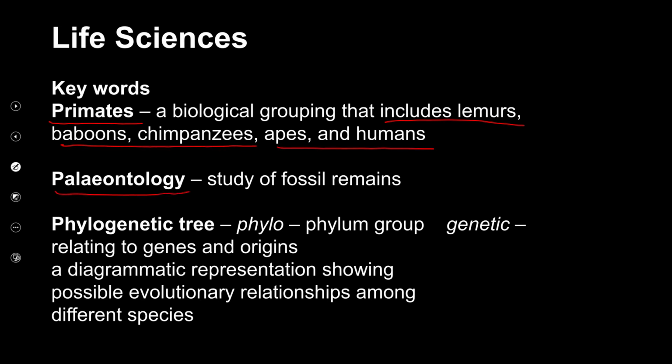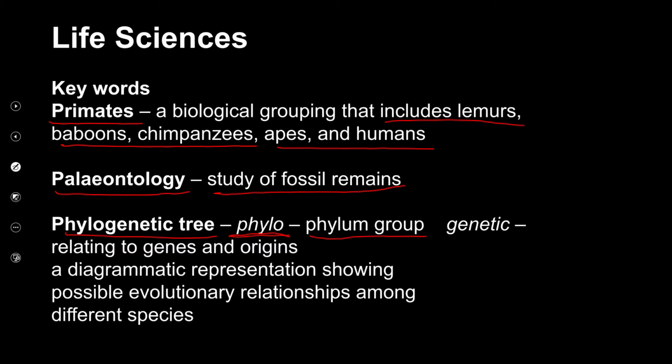Paleontology is the term we use when we talk about the study of fossils and the fossil record. It's the study of the fossil remains. A phylogenetic tree is a diagram that we find in evolution. It's called a phylogenetic tree because the diagram represents phyla, from the part of the term phylo, meaning group.